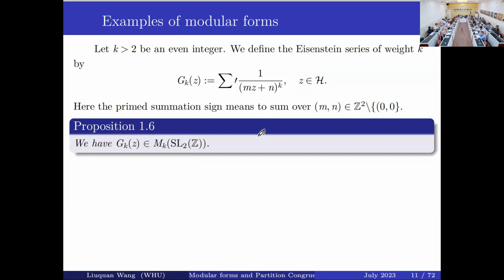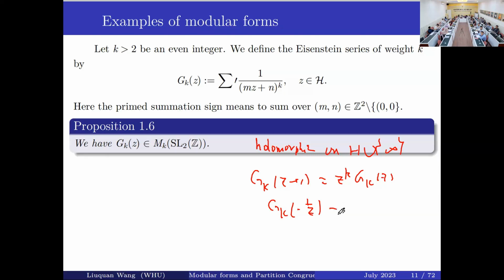For this, you just need to verify several points. First, you need to verify it is holomorphic on H and at infinity. And then you must show that G_k(z + 1) equals G_k(z). And the second, you need to show G_k(-1/z) equals z to the kth power times G_k(z).